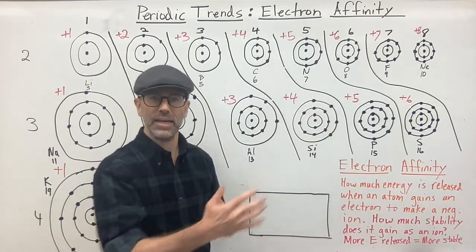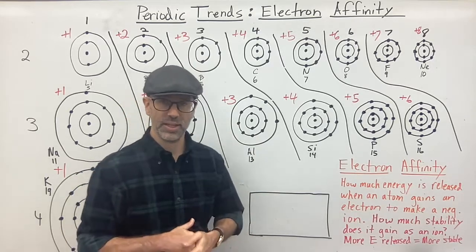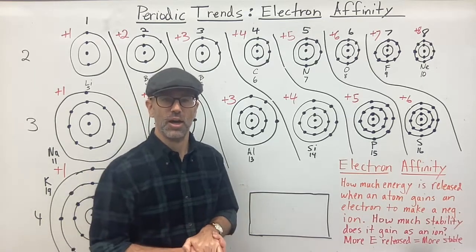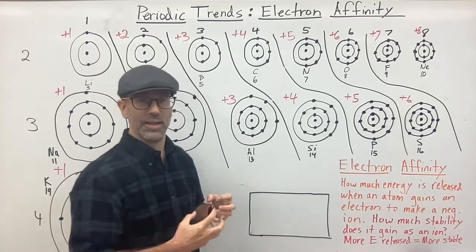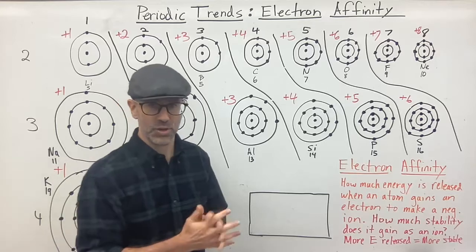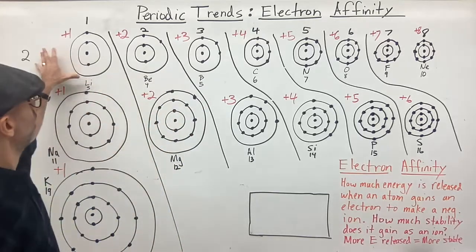So the more negative the value of your electron affinity, the more stable the atom. So it's a measure of stability. Let's think of it in terms of stability as well as in terms of how strongly an atom would want an electron.